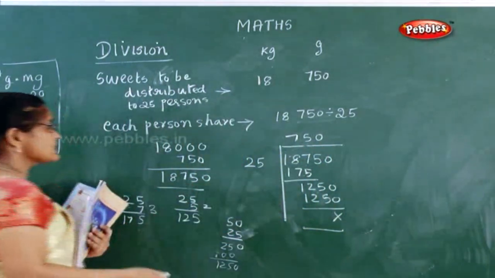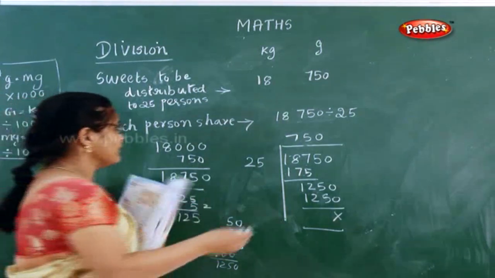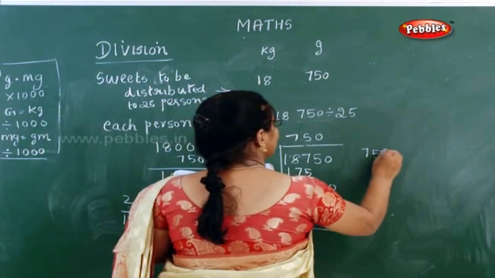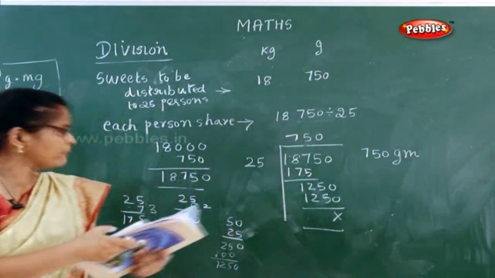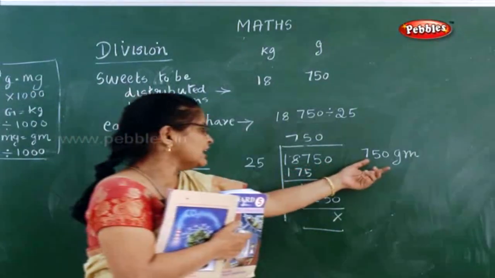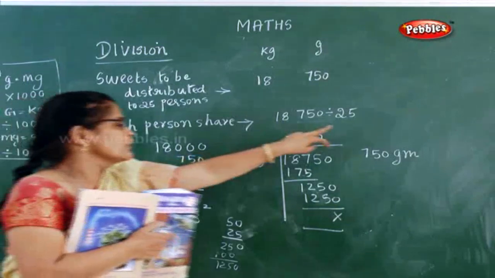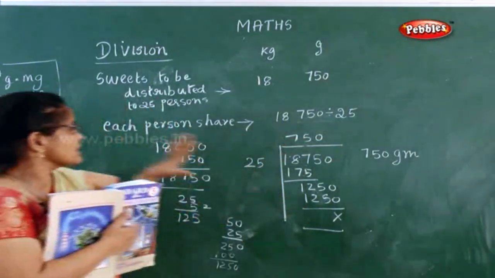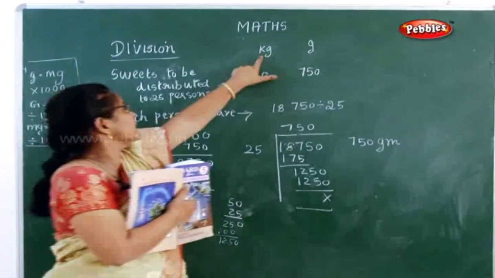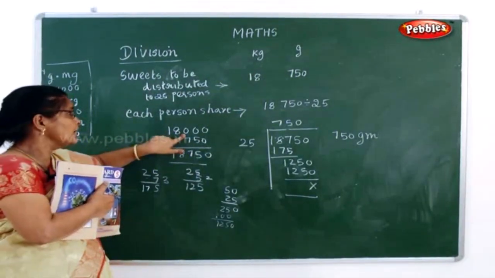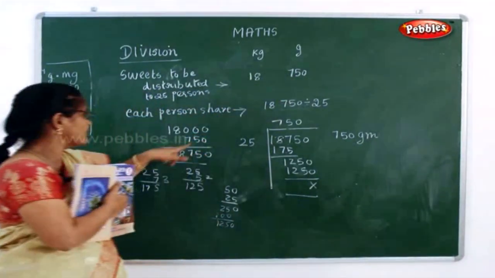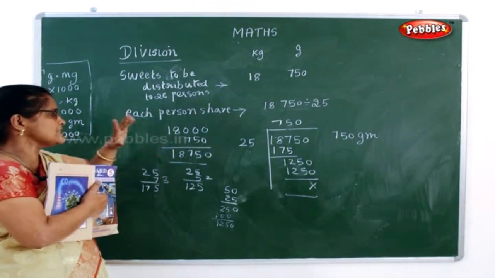So now what you have to do? What is the answer you are getting? 750. So this 750 grams, she is distributing to 25 persons. So first thing what you have to do is, I told you, this kilogram you are converting into gram means you have to multiply with 1000. Then you add this 750. So you get 18750.